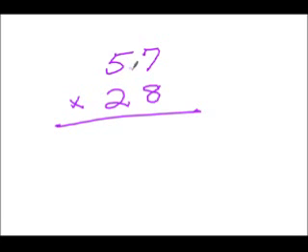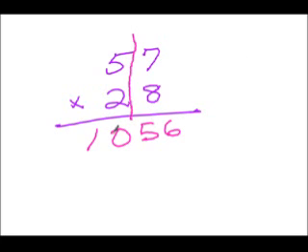I'm going to take my numbers. I'm just going to draw a line down the middle here just to make it a little bit easier to see what I'm doing. So I have 7 times 8. 7 times 8 is 56. I have a 5 times 2 on this side. 5 times 2 is 10.